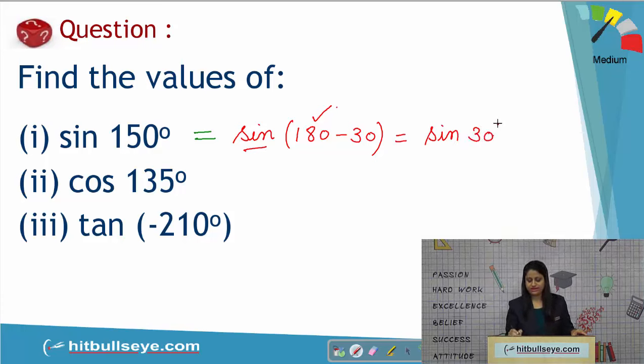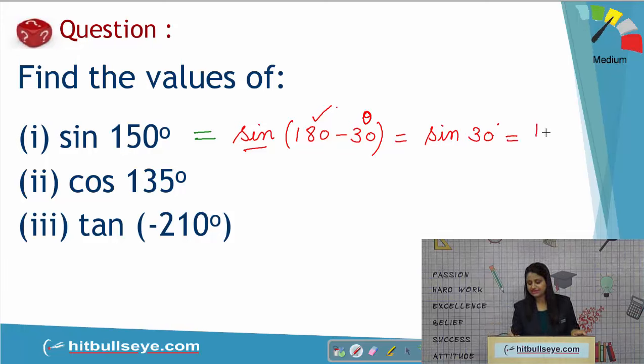Now we come to the second step, where we decide the sign. Considering 30 as theta, 180 minus theta is in the second quadrant. In the second quadrant, the original T ratio, sine, is always positive. So it will become sine 30 with a positive sign.